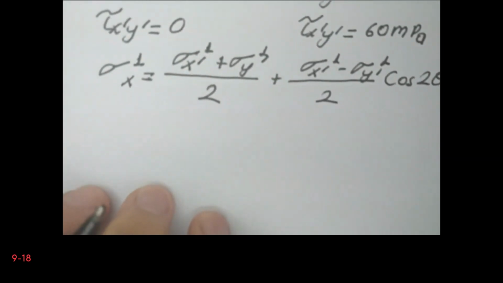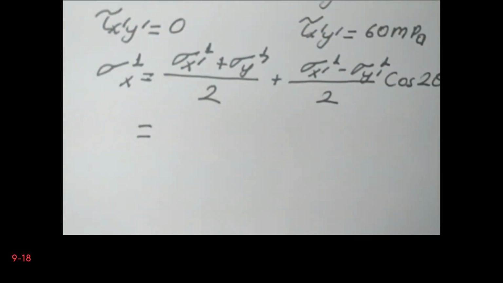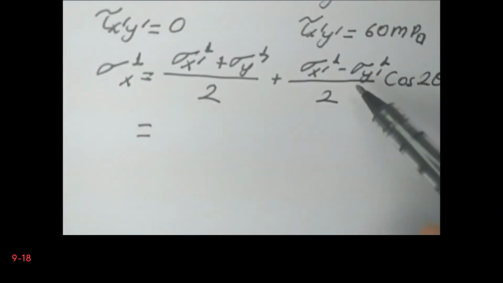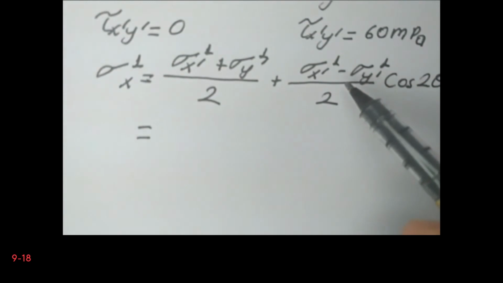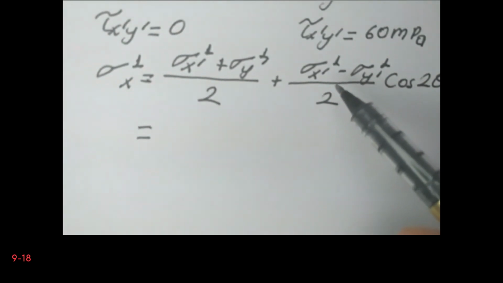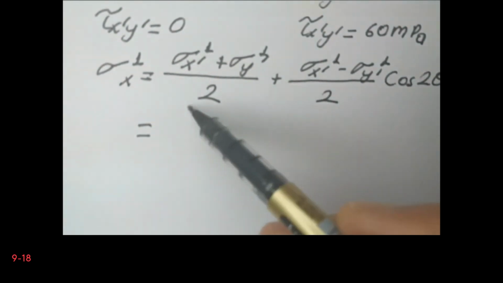We don't have the shear stress component, it is 0. In fact, the normal stress components are equal, therefore the second term is automatically 0, and as a result sigma x1 is equal to 85 megapascals.